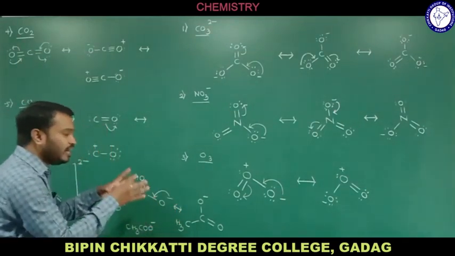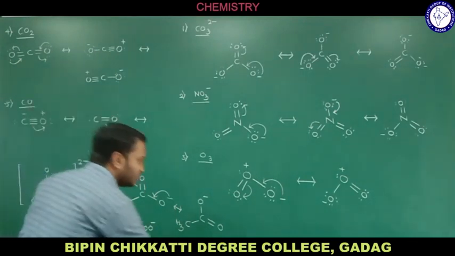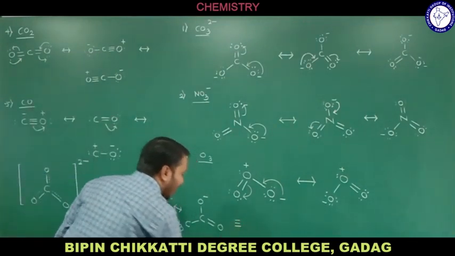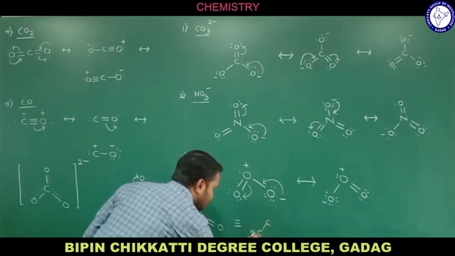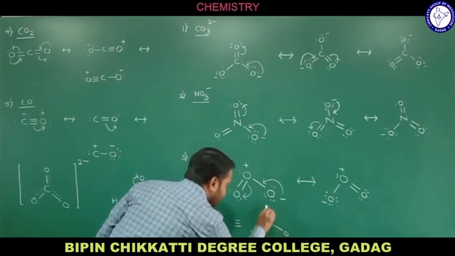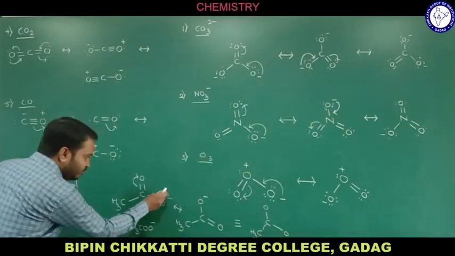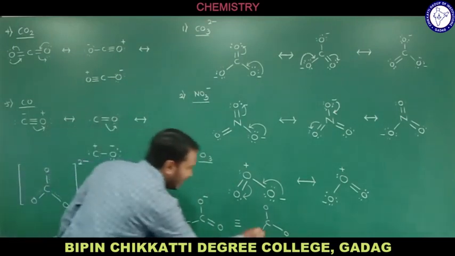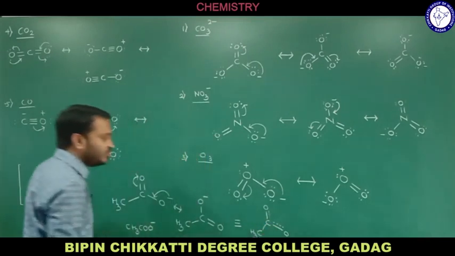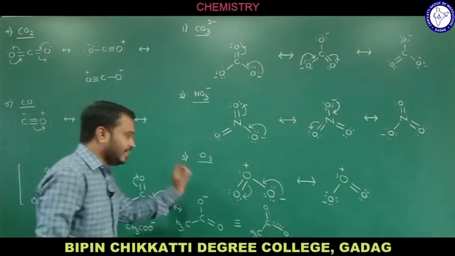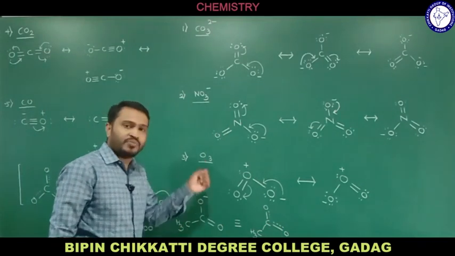If you want to write the resonance hybrid for this one, how can I represent it? We have carbon, the methyl group CH3, and here we have O and here O. There will be a shift of electrons in this fashion, so I can represent it like this. This is how the path of electron shift can be represented using dotted lines, and that is considered to be the resonance hybrid.